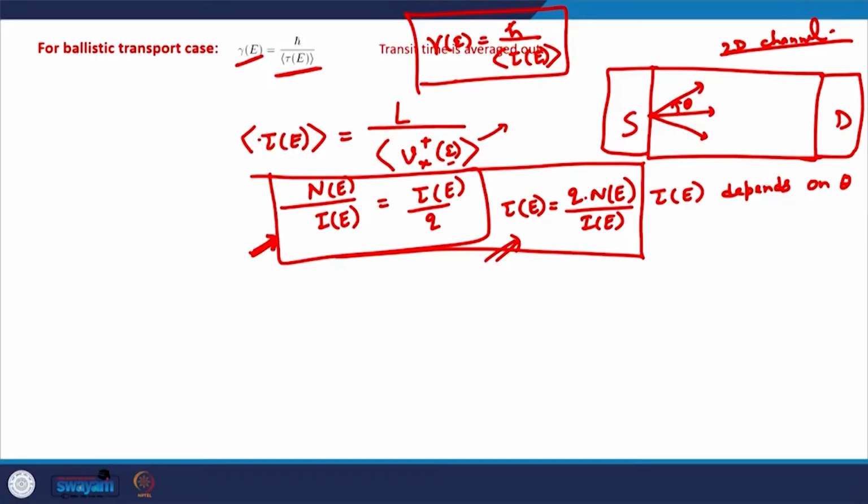So, in order to use this expression, we actually need to find out the steady state electronic concentration and the steady state current in the diffusive transport case.